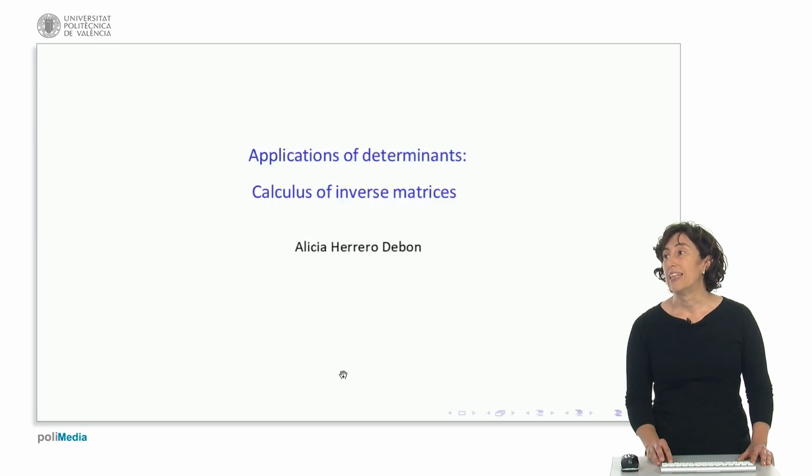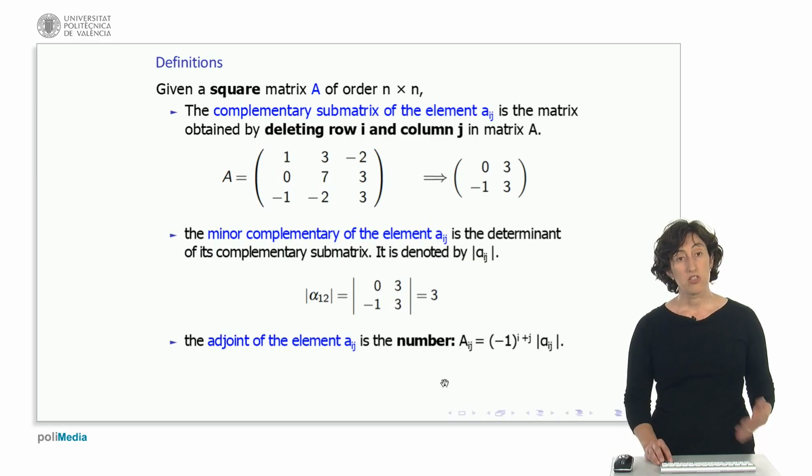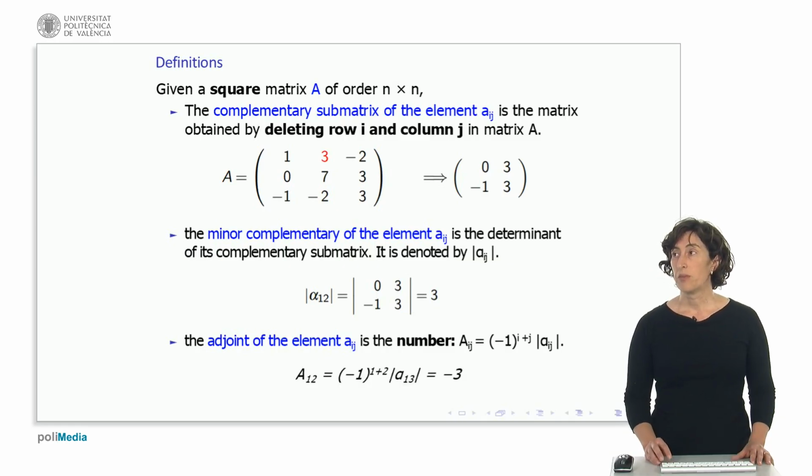For example, for the 3, which we have been working on all the time, the complementary minor was 3, and the adjoint of that element, since 1 plus 2 is 3, and minus 1 raised to 3 is a minus sign, is minus 3. It is not exactly the determinant, but it has changed sign because of the position that the element occupies. Well, that is what we call the adjoint of an element.